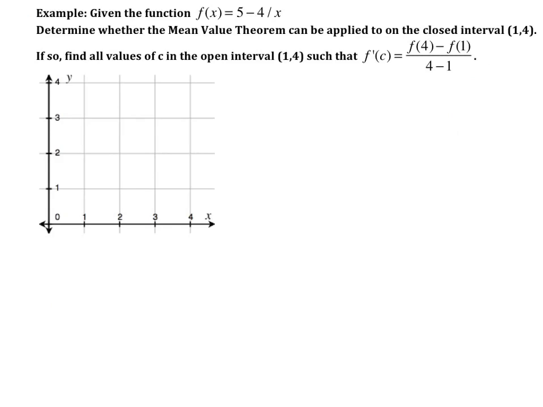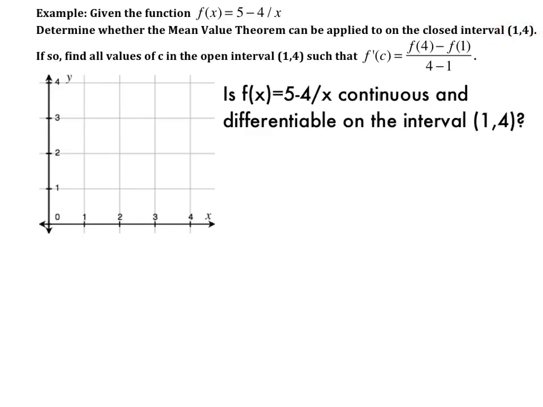In this example, we're given the function f of x equals 5 minus 4 over x. And we're asked to determine whether the mean value theorem can be applied on the closed interval 1 to 4. So what we're really trying to determine is whether f of x equals 5 minus 4 over x is continuous and differentiable on our interval 1 to 4.